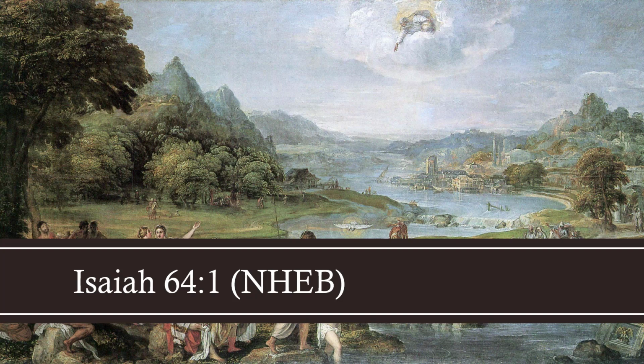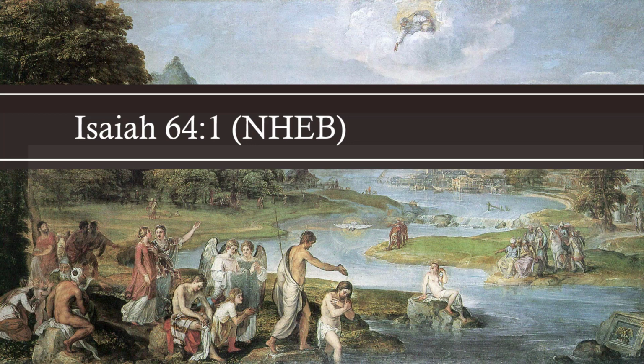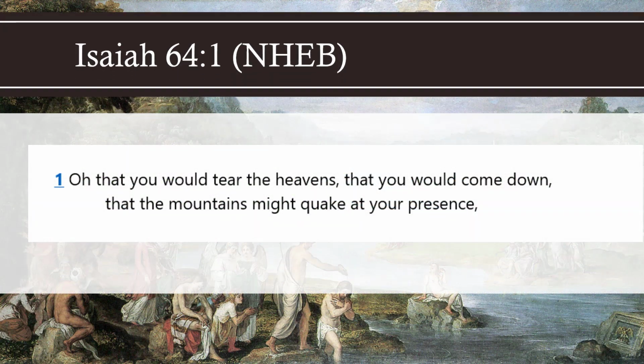And so Isaiah is crying out to the God who lives beyond the firmament, beyond the heavens, to come down and enter their existence and make that redemption possible. Oh, that you would tear the heavens, some Bibles say. Oh, that you would rend the heavens, that you would come down. It's exactly what's being revealed to us in the book of Mark.